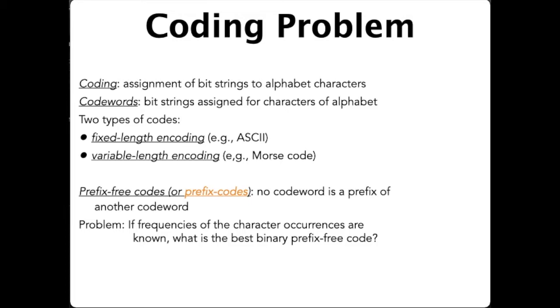Another type of code is not fixed, which is a variable length encoding. One example of a variable length encoding is the Morse code. The idea for the Morse code and for variable length encoding is that the code word, or the representation, should be shorter for characters that are frequently used. For example, character E, the most common in the English language, and character A have a shorter Morse code representation.